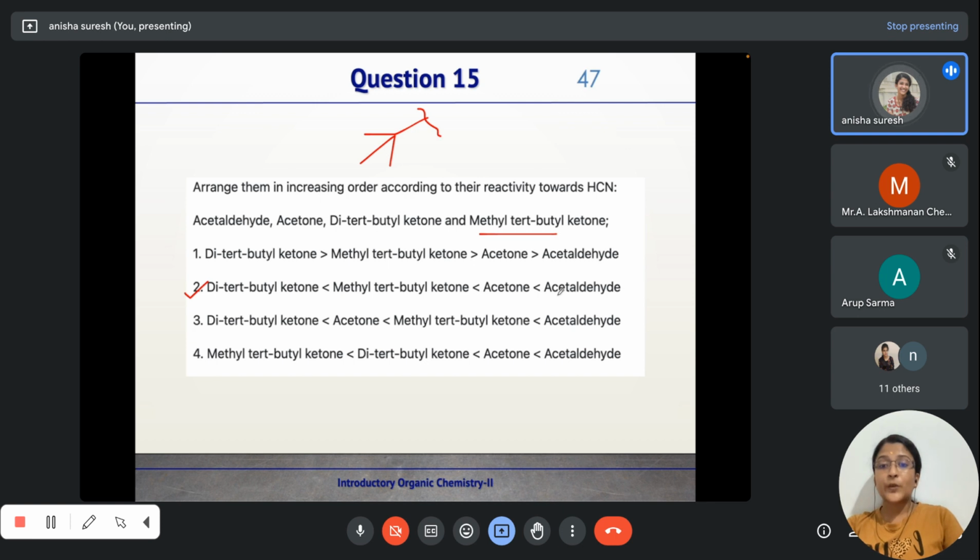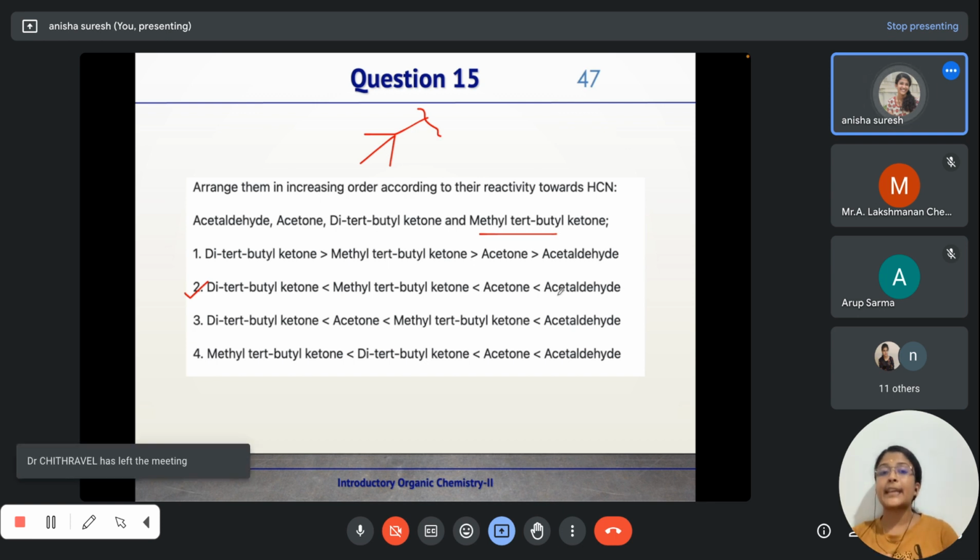Here we have to consider the inductive effect of the electron releasing alkyl groups. The inductive effect of the alkyl groups will reduce the electrophilicity of the carbonyl center. That we have to take into consideration. Then we will be able to arrange them in increasing order of reactivity. Clear?